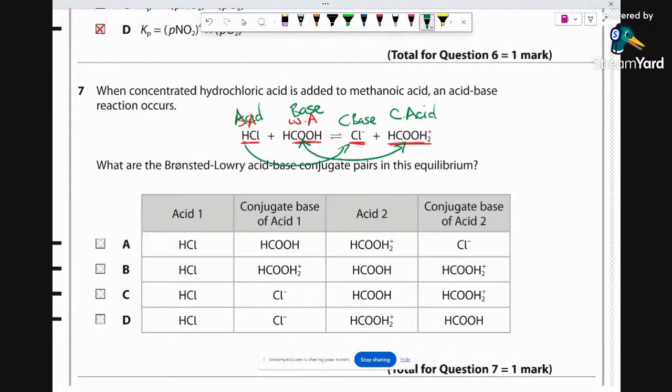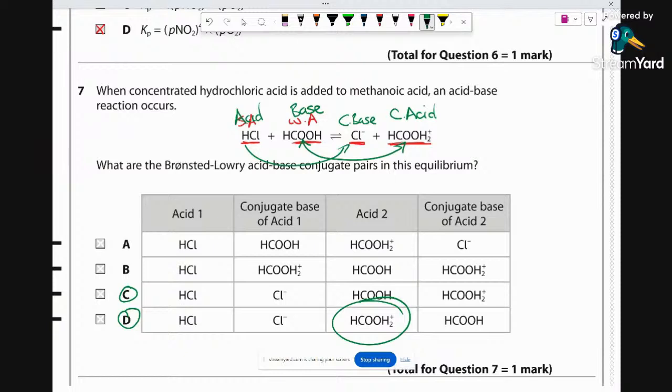So we can find those. The acid is HCl. These are all the same. That's fine. Where's the base? Isn't that interesting? Conjugate base of acid 1. So the conjugate base of acid 1 is the Cl-, so it's either C or D. And then acid 2, which now flips to this one, has its conjugate base. Can I just point out, they've flipped it over. That's super weird, by the way.